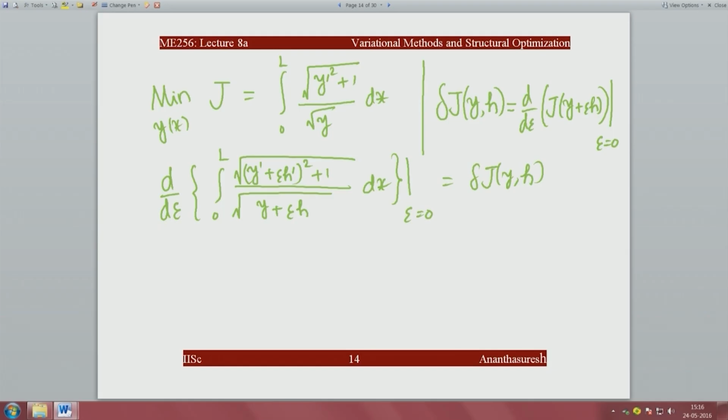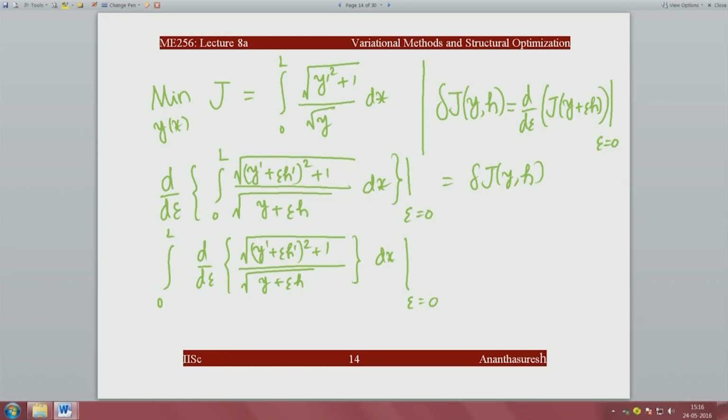Now, if you see we are taking the derivative of an integral, we can interchange the integration and derivative operation. In other words, I can put the integration outside and take the derivative inside of the integrand. So, I can say square root of (y prime plus epsilon h prime) squared plus 1, divided by square root of y plus epsilon h, okay, and dx, and then I substitute epsilon equal to 0.